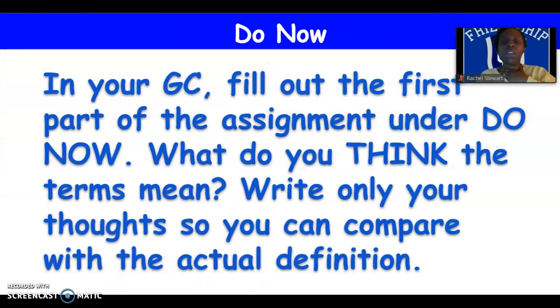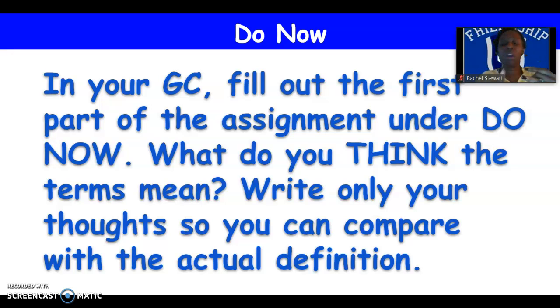Alright. So before we get started, I need you all to go to your Google Classroom and fill out the first part of your Do Now. What do you think these terms mean? Go to your Do Now, pause the video, and then come back after you finish. Make sure you're writing only your thoughts.